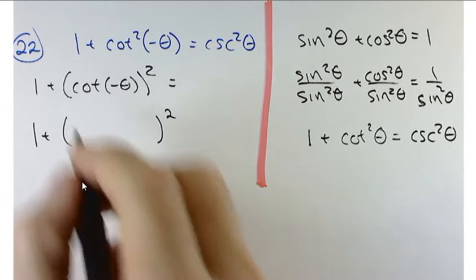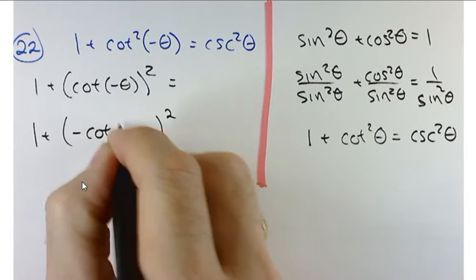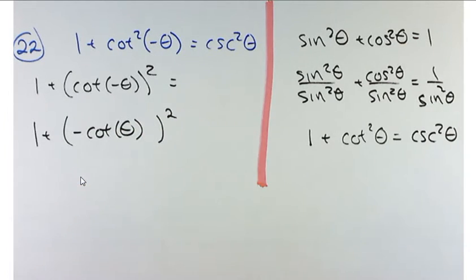I mean, that's what we just did. That was kind of what prompted that whole handout there. So I'll factor out the negative. Does this simplify? I'm not looking for cosine over sine.